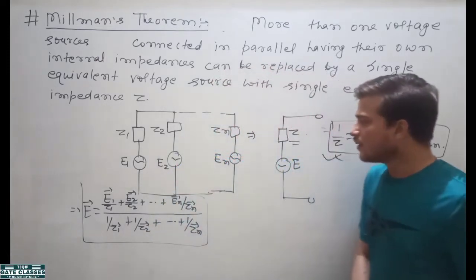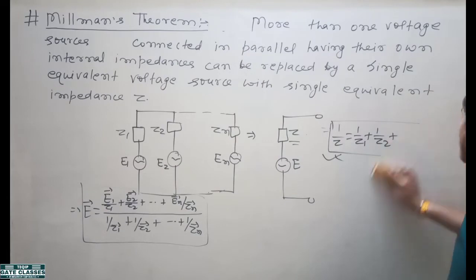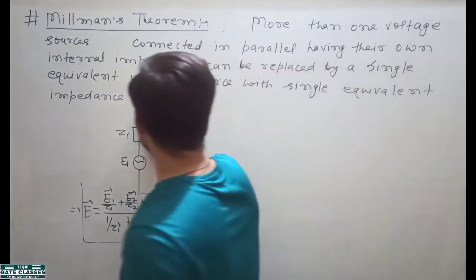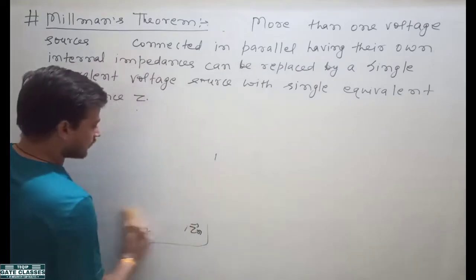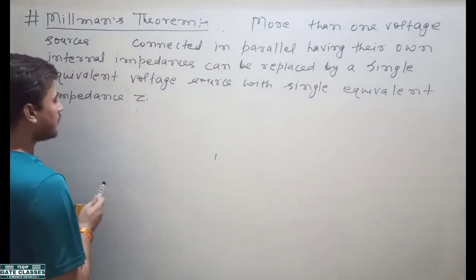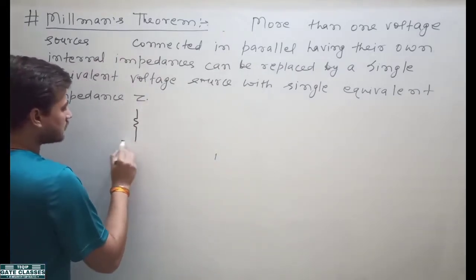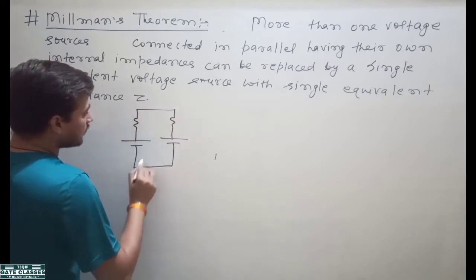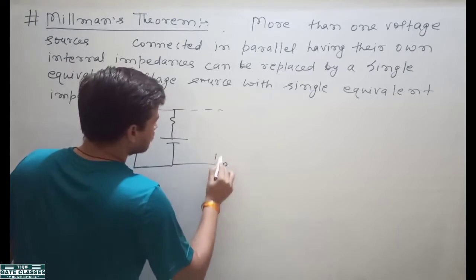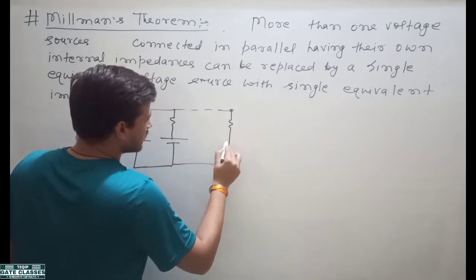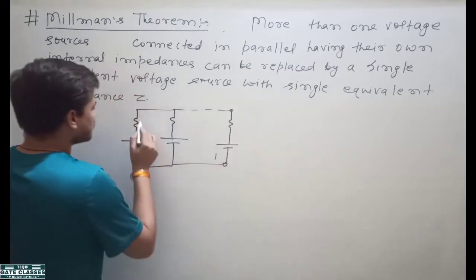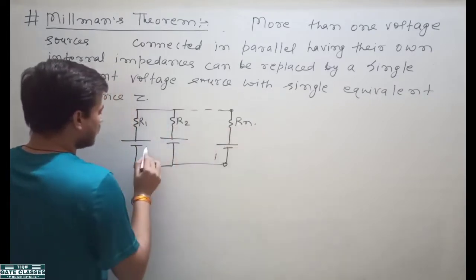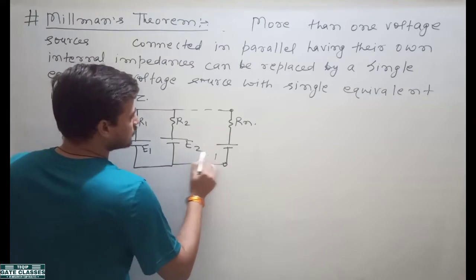Clear? So next, let us see if you are having DC circuits. If we are having DC circuits, then what will happen? See here, if you are having resistors and batteries up to the last resistor and a battery. Here it is R1, R2 up to Rn, E1, E2 up to En.